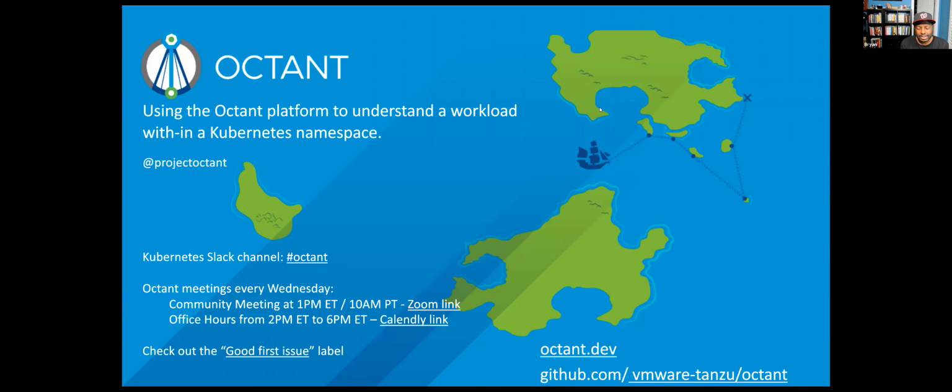Octant's goal is to show you what's going on in your cluster, not just to be a list of stuff. Unfortunately, we have to have a list of stuff to make it useful. But really, like Wayne was showing, we know when your ingress, service, or workload is wrong. We want to put the infrastructure in place to not just show it, but actually say your thing is broken because of this reason.